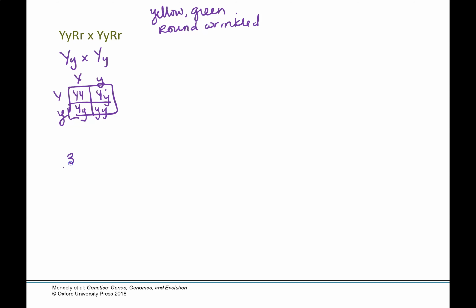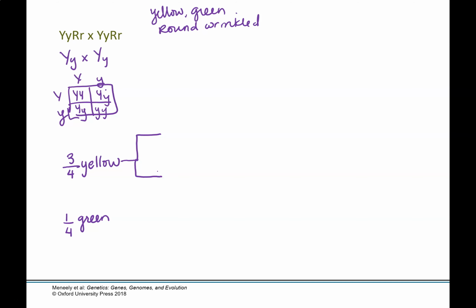We are going to get 3/4 yellow and 1/4 green. Now let's combine our probabilities of getting yellow with our probabilities of getting round and wrinkled.